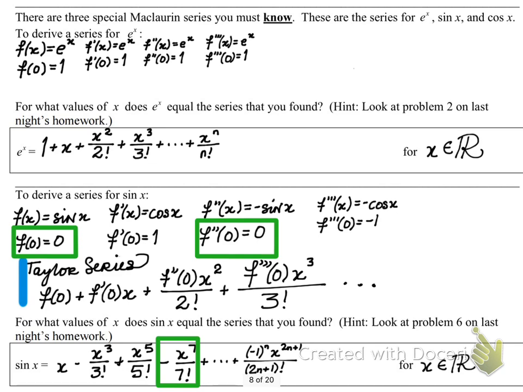I don't know if you need this many terms. Usually you'll only need 3, but you will almost invariably need the general term. And that general term will usually be pretty easy to figure out. There it is.